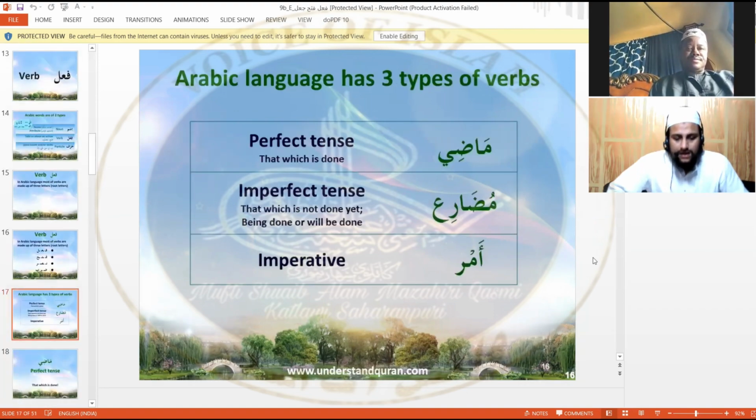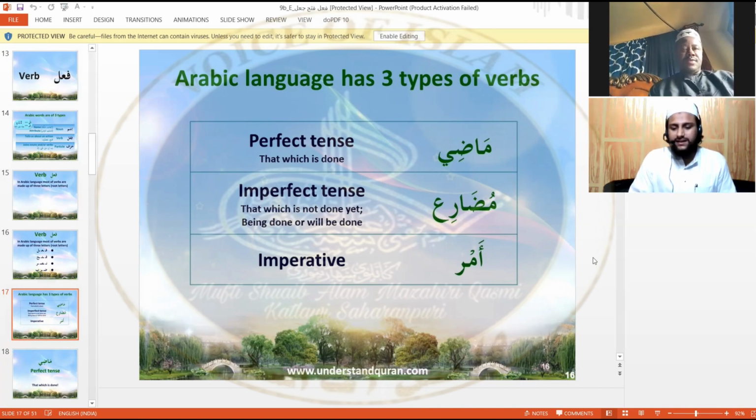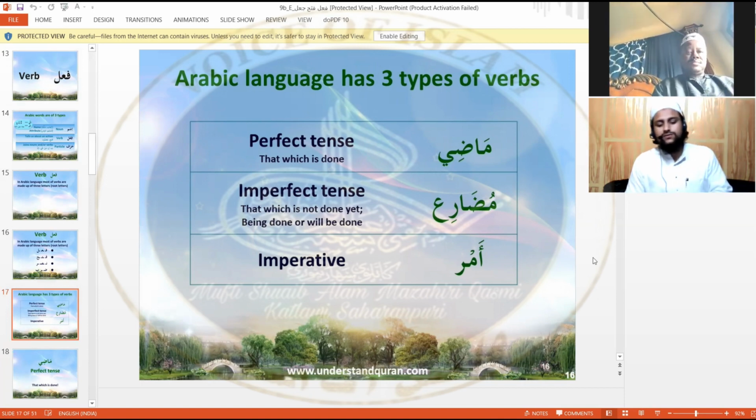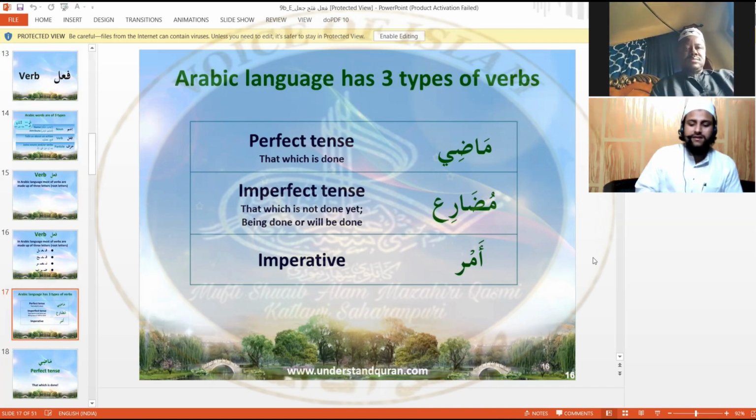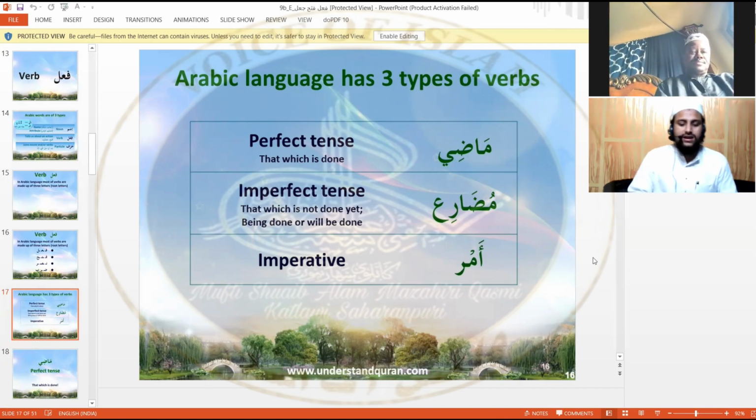Fa'ala. So the Arabic language has 3 types of verbs. Madi, perfect tense, that which is done. Mudari', imperfect tense, that which is not done yet, being done or will be done.